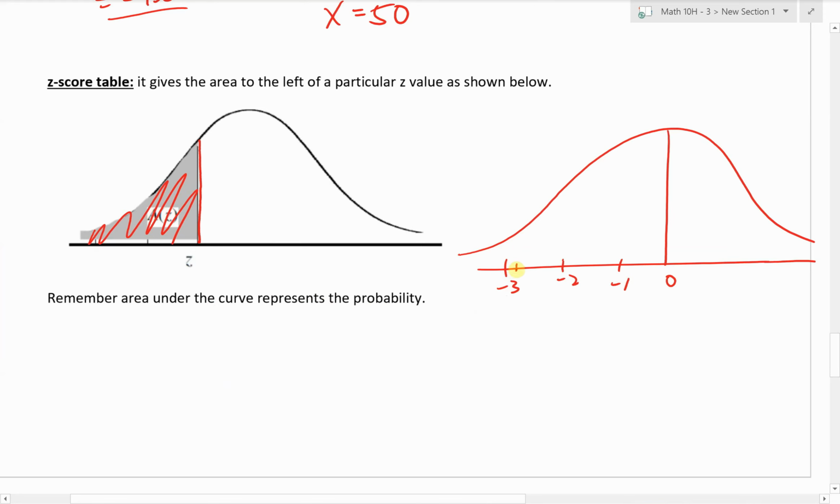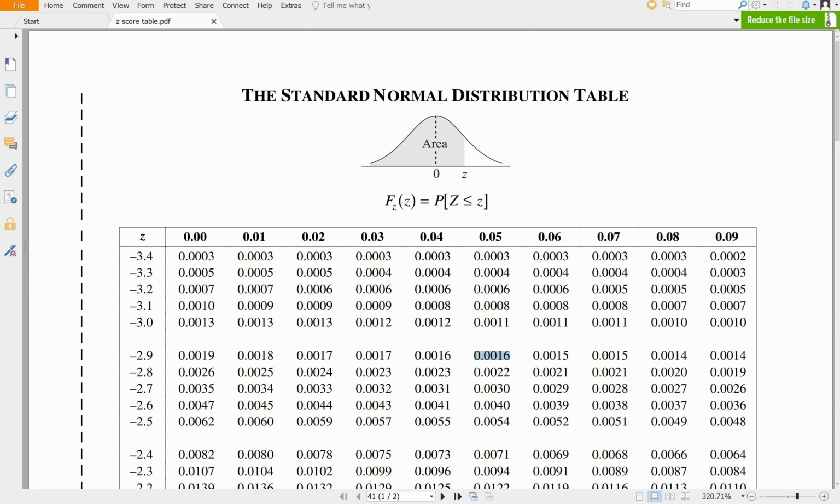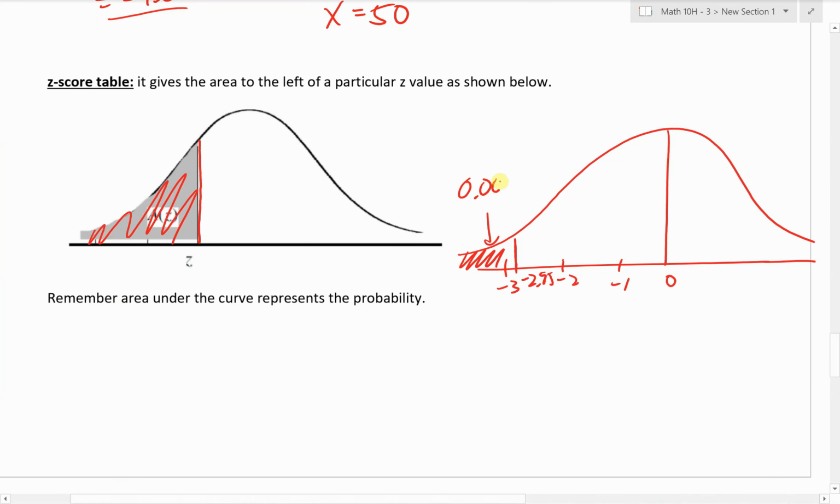Negative 2.95 is somewhere here, and we are saying this area right here is 0.0016. Converted to a percentage, this is 0.16%. So not very likely. That's how this table works.